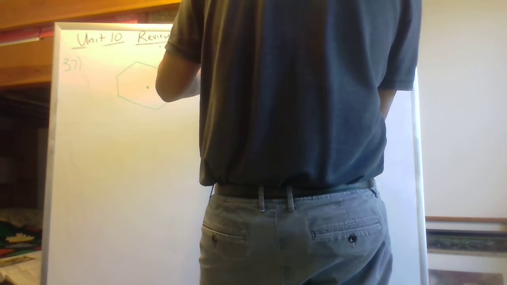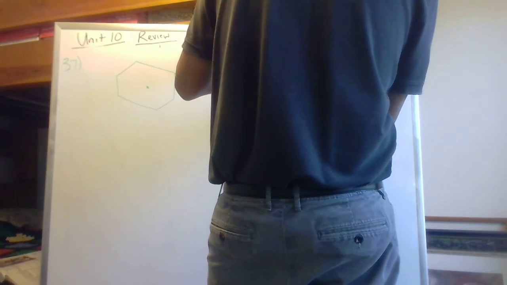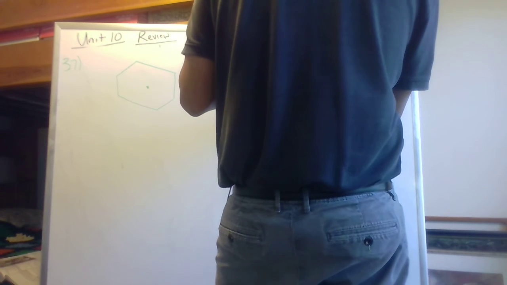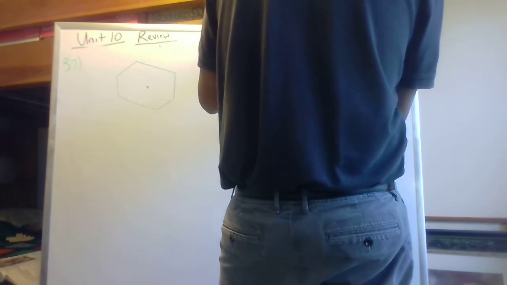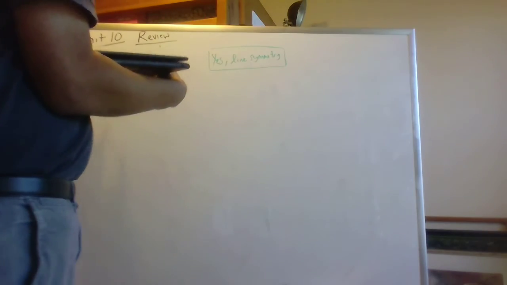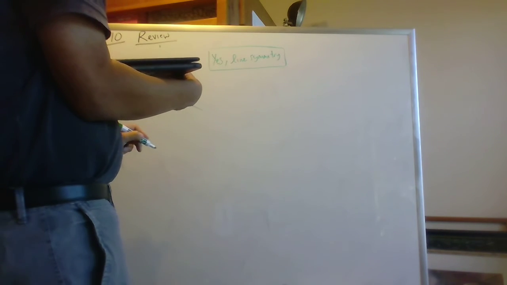So I'm going to put yes, there's line symmetry, and then basically what we're going to do is determine the number and then draw the line. So if we drew a line through here, there would be line symmetry.